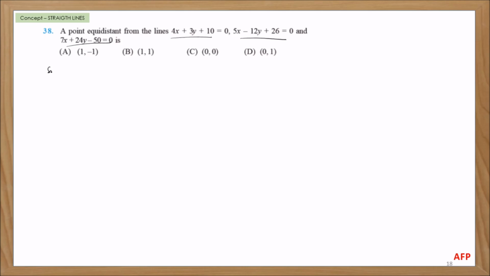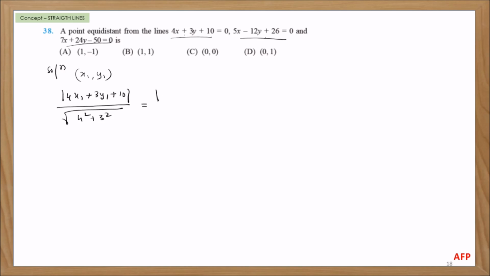Its distance from the first line is the same as from the second line, and for the third line it will also be the same. The first one: 4x1 plus 3y1 plus 10 divided by square root of 4 square plus 3 square.